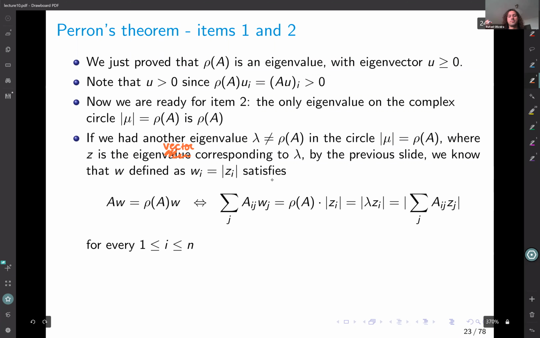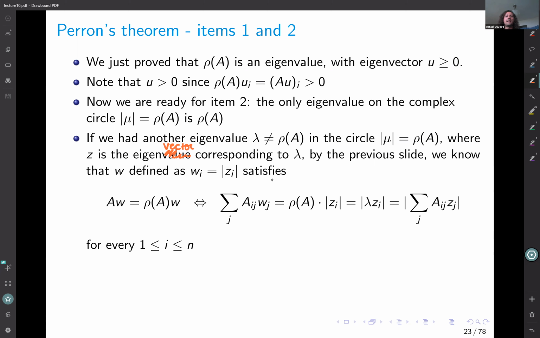By the previous slide, by the same argument that we did for item 1, if we define w as w_i equal to the absolute value of z_i, we know that A times w is equal to rho of A times w. This is just what we proved in the previous slide.